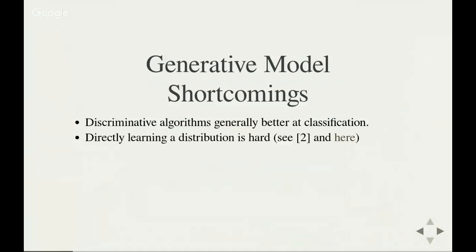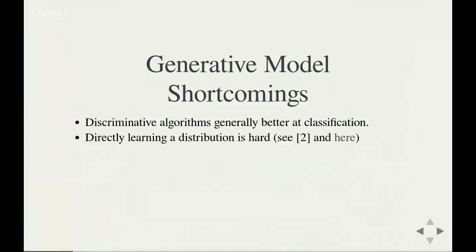It's difficult to learn a distribution for a given set of inputs, and there are some reasons which I've cited here, but one of the primary issues that I'll cover is that if you're trying to learn this via maximum likelihood estimation or via various losses, there have been theoretical results showing that if your data lies on a low dimensional manifold within the total high dimensional space that it exists in, then even minor issues during the training process can cause your model to completely diverge and not learn anything correctly at all.